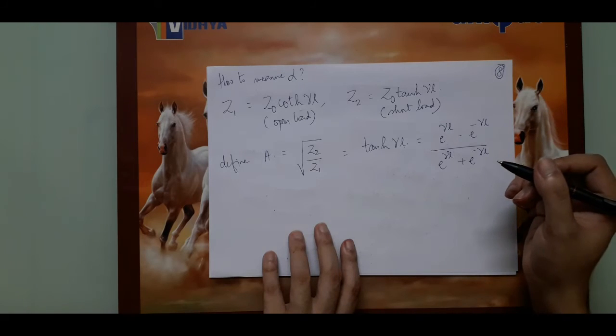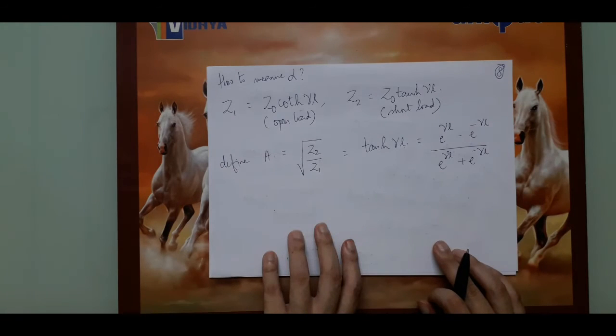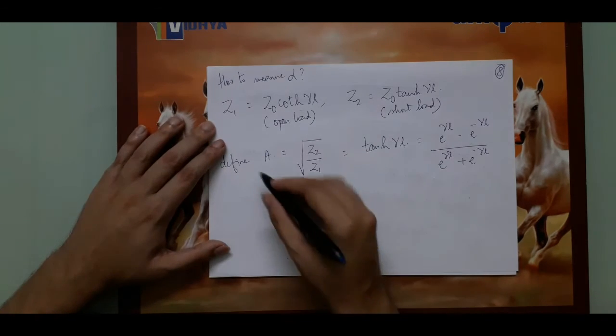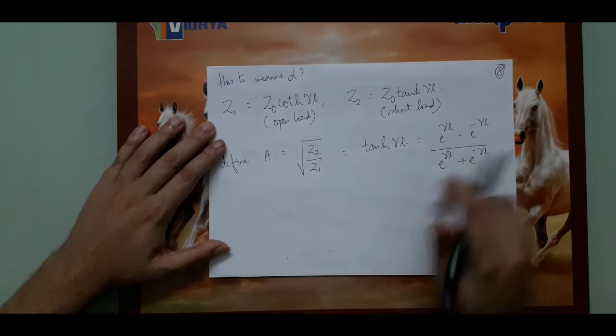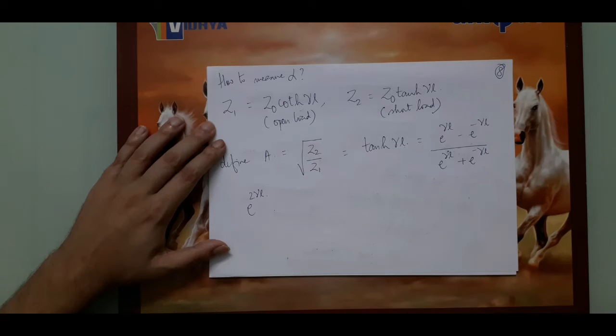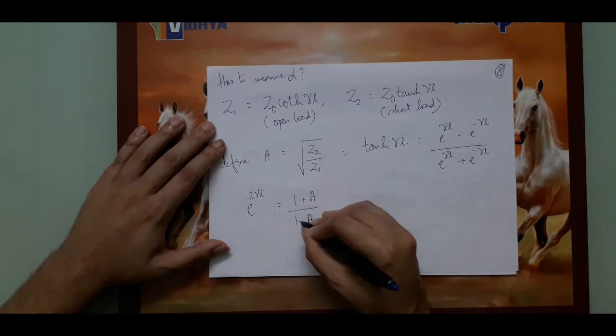So this is nothing but A. If I now do a little bit of algebraic manipulation, I can prove that e raised to 2 gamma L, if you just do a simple componendo dividendo, you will get (1 plus A) by (1 minus A).